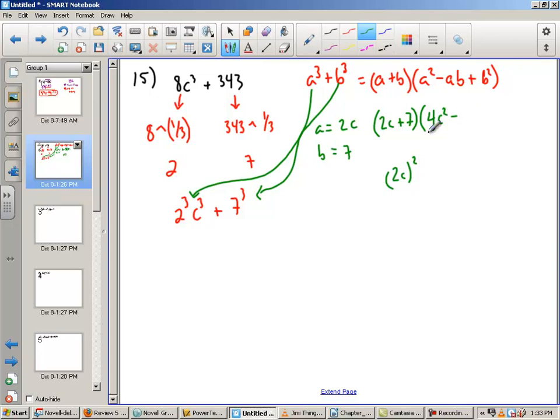All right, minus 2c times 7 is 14c plus b squared, that's 7 squared, is 49. Close my parenthesis, and I am done. Perfect. If there was something in common, that would have been the first thing pulled out, and it would be out here. But since there wasn't, this is my answer. Again, identifying the a and the b is the whole emphasis of this problem, okay?